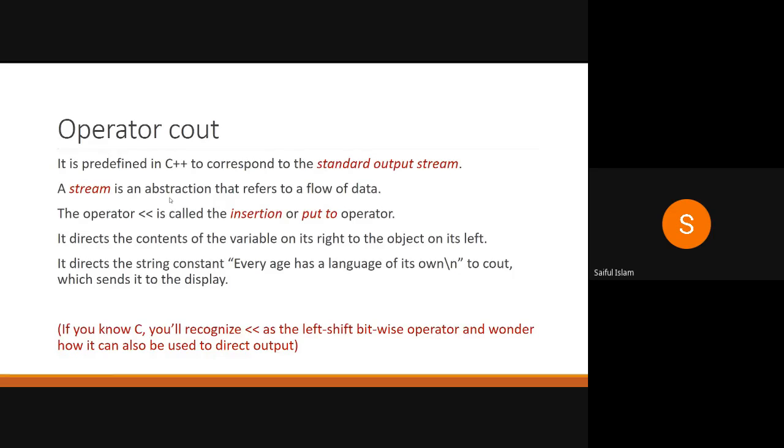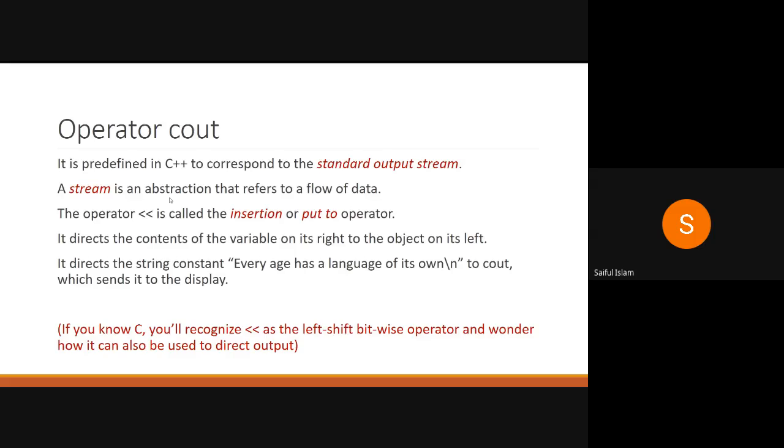Here we have used cout. It will move the data from the computer to output data to a screen. So the operator, though initially it was a left shift, now we call it an insertion operator because we have redefined it for cout. So it is now known as the insertion or put to operator.